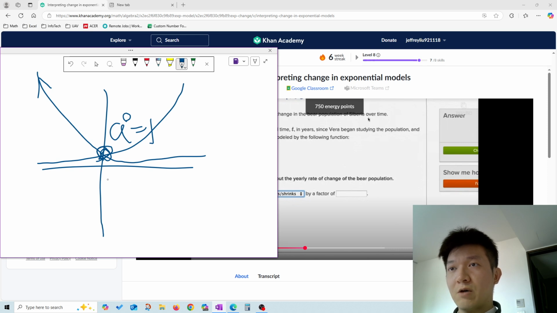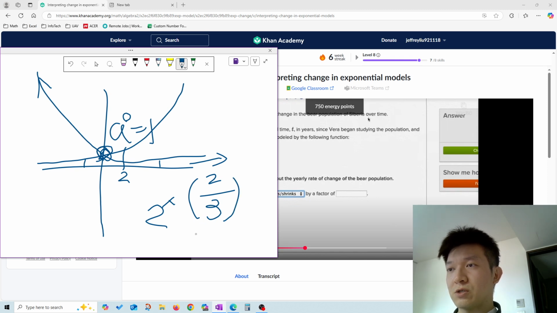If you have 2 to the power of x, then this should be 4. If you point it to the 2 and you have negatives, then it will be shrinking. If you have a shrinking model and a positive number here, you will get closer and closer to 0, because this is a fraction, which is 0 point something, less than 1.